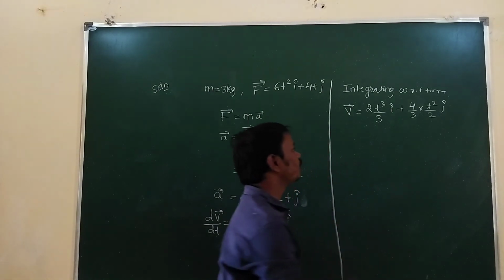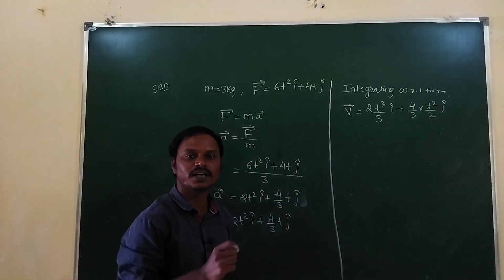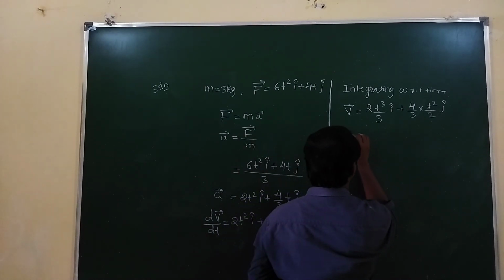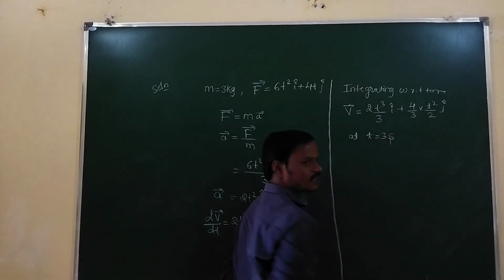But at what time do we have to find the velocity here? We have to find the velocity at the time t equal to 3 seconds. Wherever t is there, that t can be replaced by 3 seconds.